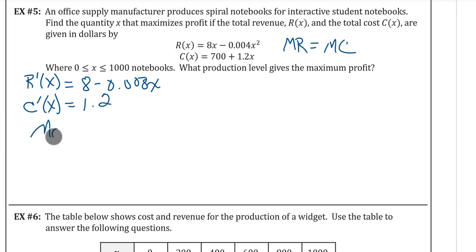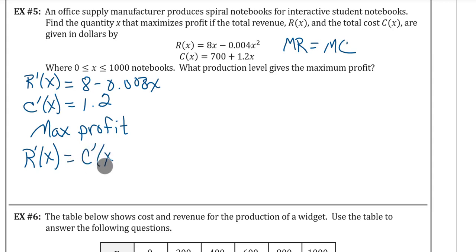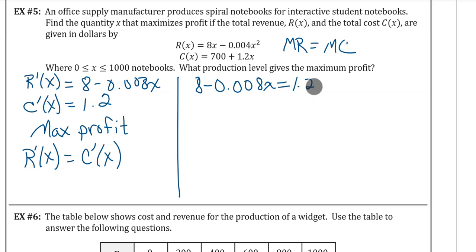So as I was saying, we're going to maximize our profit where R prime of X is going to equal C prime of X. So we're going to go ahead and set those equal to each other. So we have 8 minus 0.008x is going to equal 1.2.